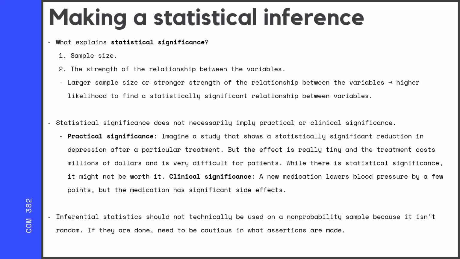All of these analyses assume a normal distribution. So, in reality, we still do this, but you have to be much more cautious in the assertions you're making when you are trying to use inferential statistics on a non-probability sample.